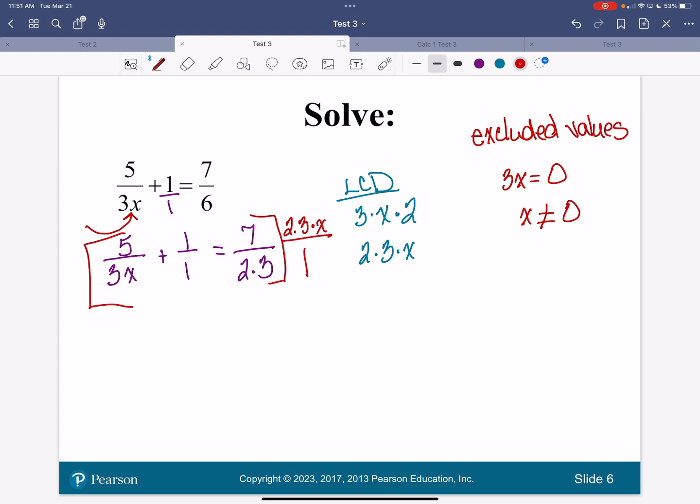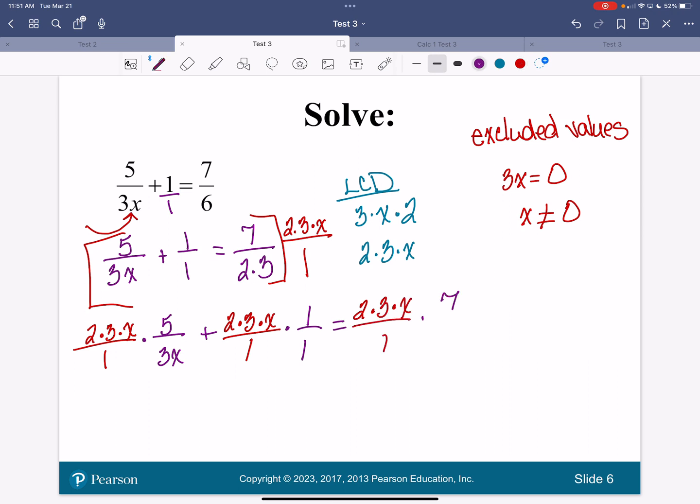Okay, so I have 2 times 3 times x over 1 times 5 over 3x, plus 2 times 3 times x over 1 times 1 over 1, plus 2 times 3 times x over 1 times 7 over 2 times 3.